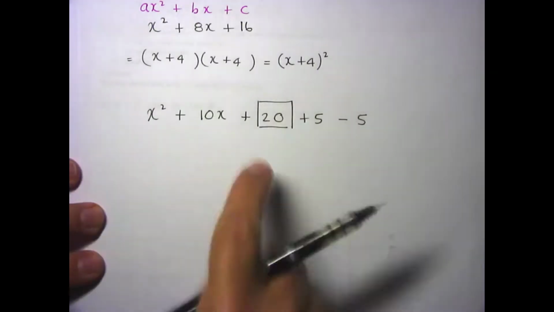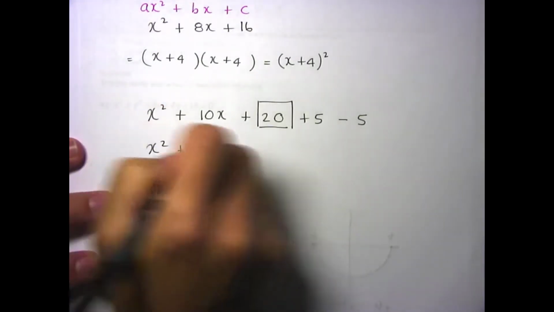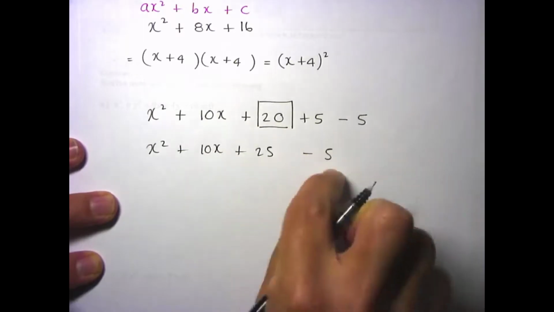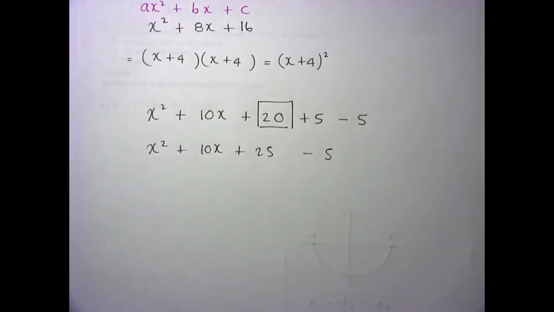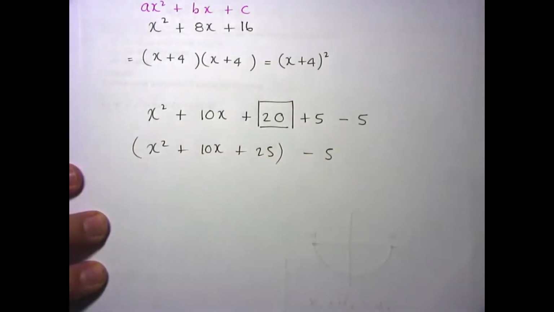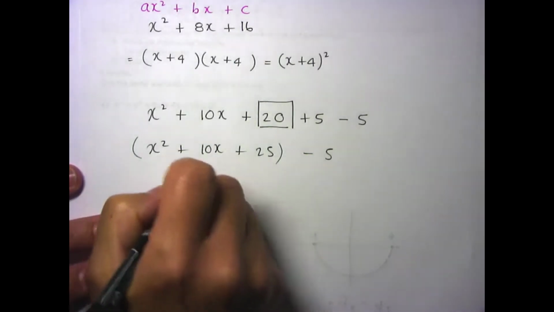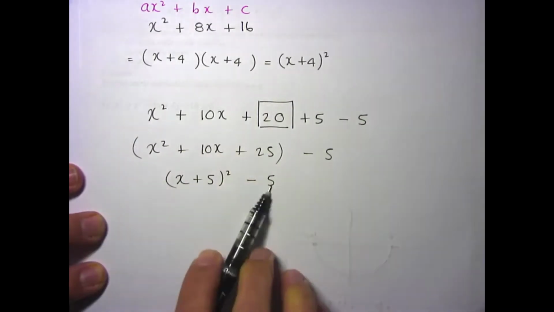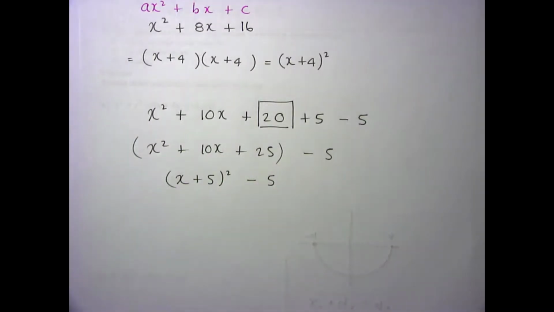So I can rewrite this as x squared plus 10x plus 25. I'm just going to leave the minus 5 out there. Now, what I see over here can factor into a perfect square, right? So this will become x plus 5 quantity squared. And then we're just stuck with this negative 5 out there, right? Not ideal, but we'll worry about that later.